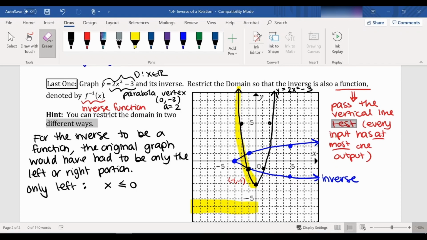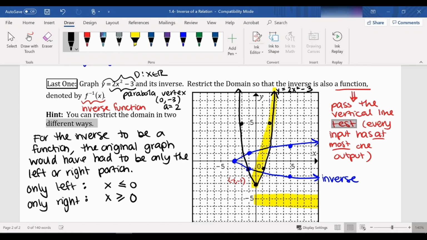If we only had the right portion of our parabola, that means our x values would have been only these ones here, which would be if x was greater than or equal to 0.